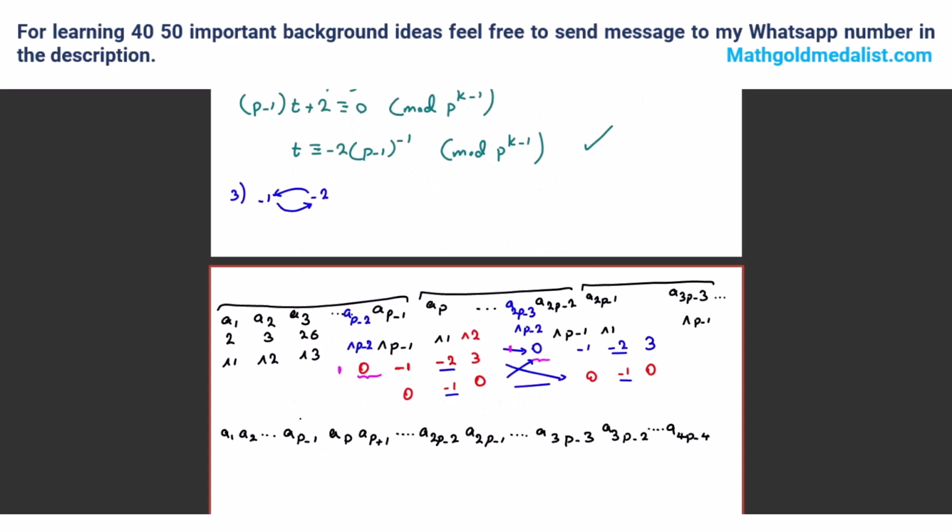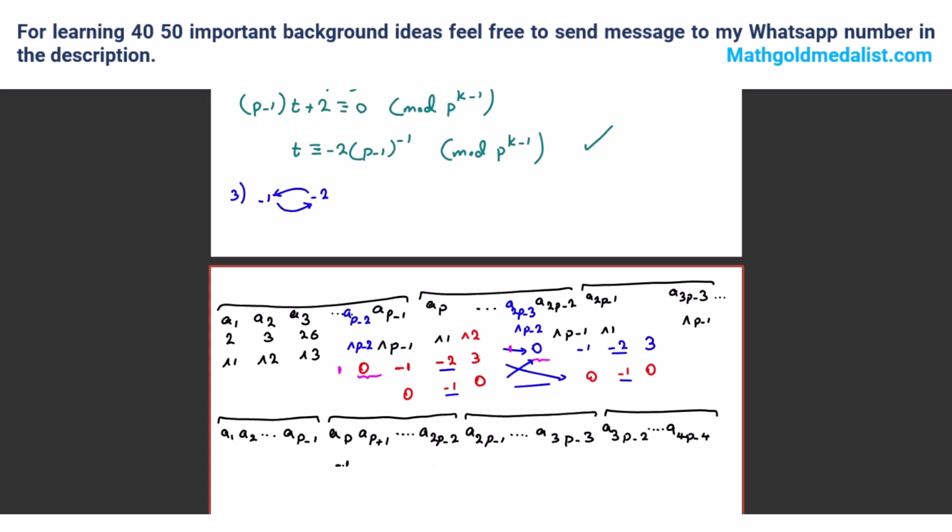Okay, for this part, negative 1 goes to 2 without loss of generality. Sorry, for this one, negative 1, and this part, negative 1 goes to negative 2. So this length, and this part, 3p minus 2 to this one.